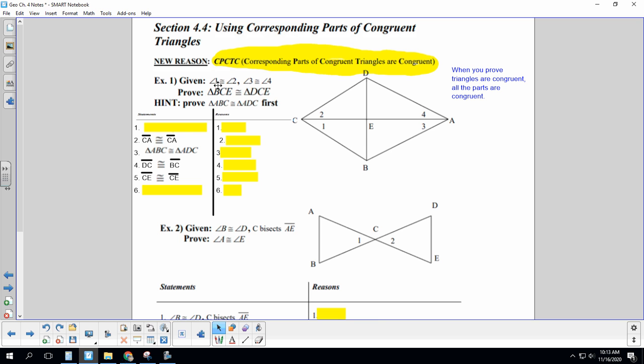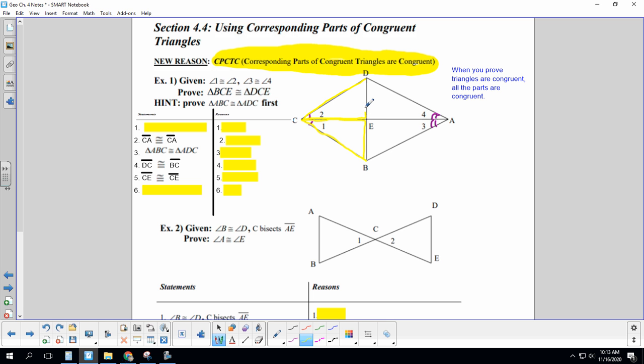If we're given angle 1 congruent to angle 2, I'm going to draw on our shape. So 1 and 2 are congruent. Angle 3 is congruent to angle 4. We'll double rainbow them. We want to prove, and let's just outline it, triangle BCE is congruent to triangle DCE.